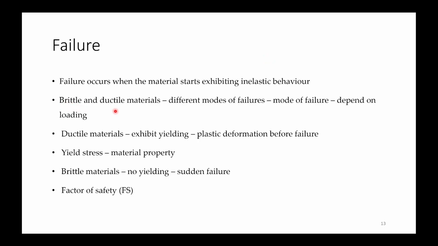Brittle and ductile materials have different modes of failure, and depending on the type of loading we are providing, it will show different modes of failure. Ductile materials exhibit yielding and plastic deformation before failure, while brittle materials show no yielding and a sudden type of failure.